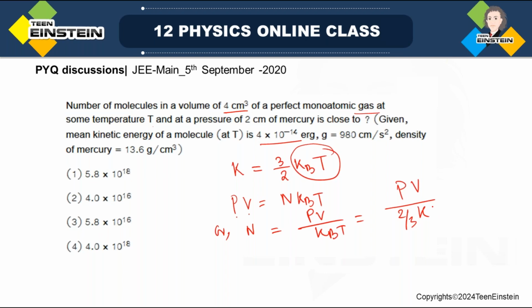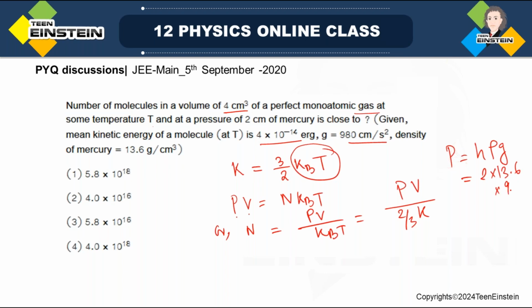Now the kinetic energy is given, and so are P and V. V is the volume given. P, how do you find it? P equals h rho g. G is given as 980 centimeter per second square. h is given as 2 centimeter of mercury, and mercury has density 13.6 gram per centimeter cube.